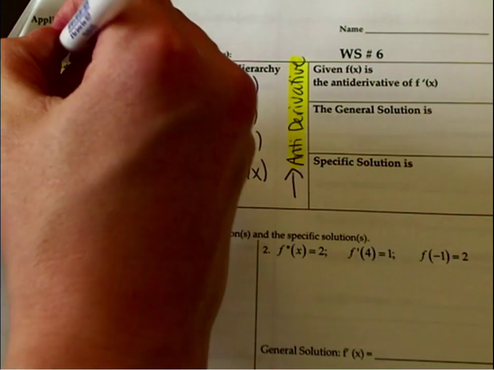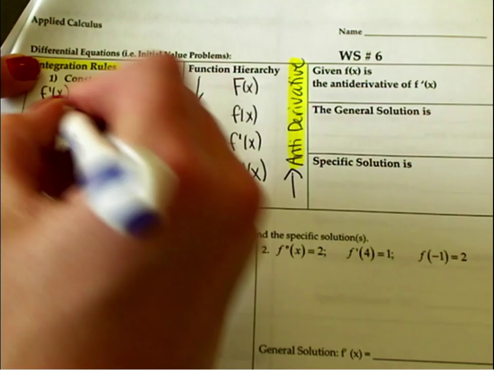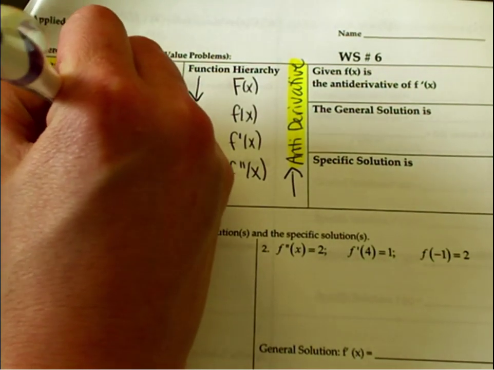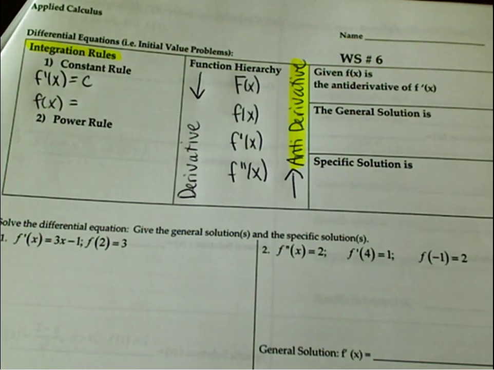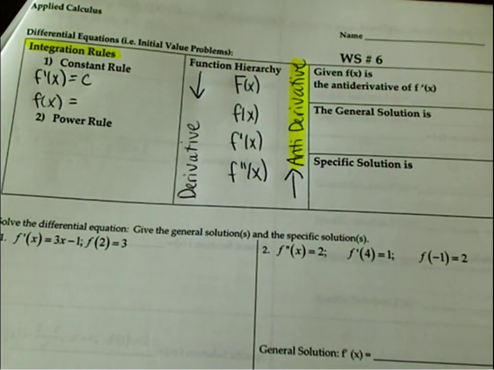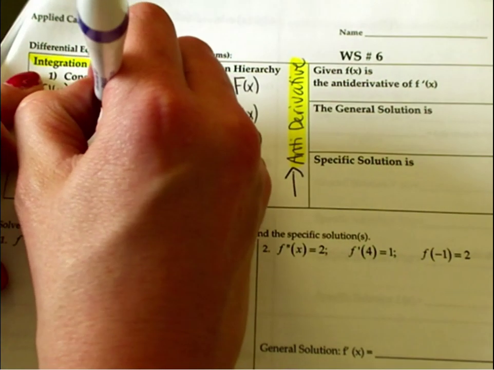F prime equals C. The original equals C times X. C is for a constant, any number.